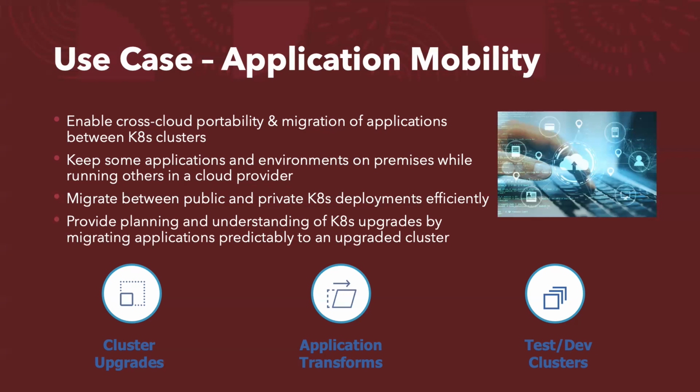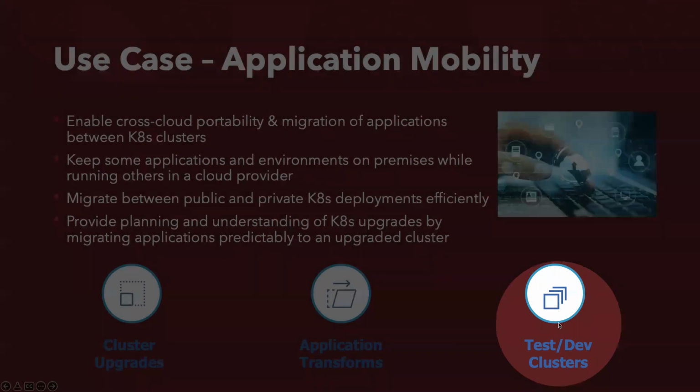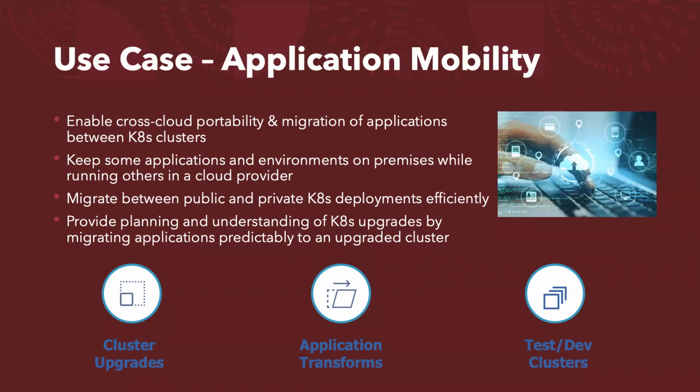You can plan and understand a Kubernetes upgrade by migrating applications predictably to an upgraded cluster. You just build an empty cluster, maybe running 1.21, for example, and migrate from the older cluster, maybe 1.18 or 1.19, to the new cluster. Other use cases include application transformations and test dev clusters, such as migrating from test to dev and to production.